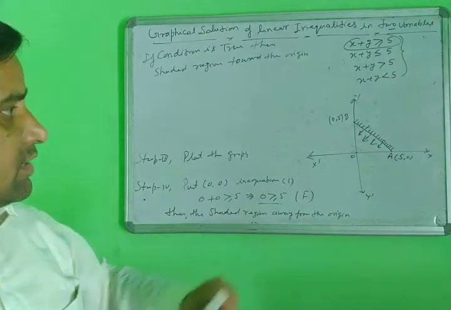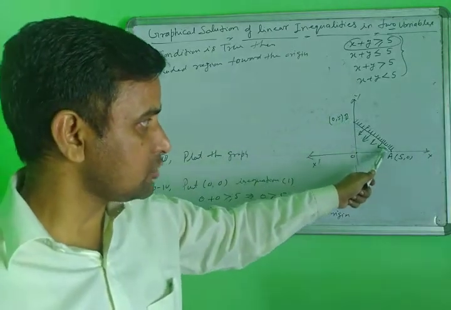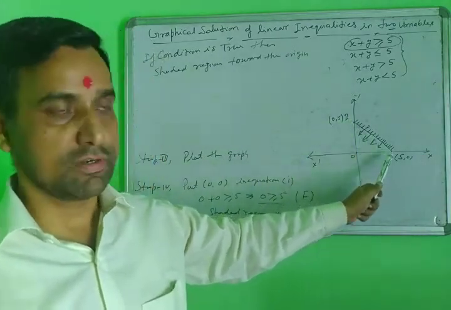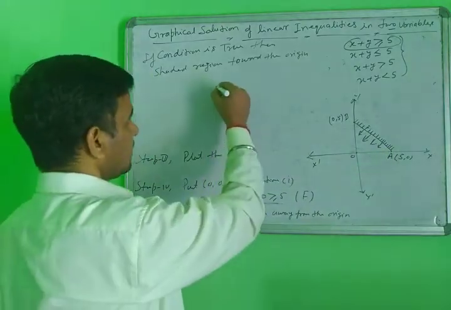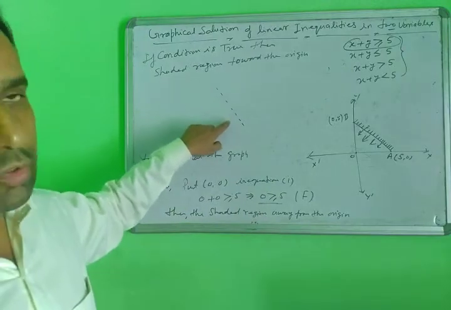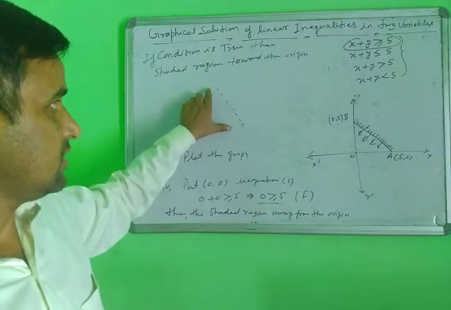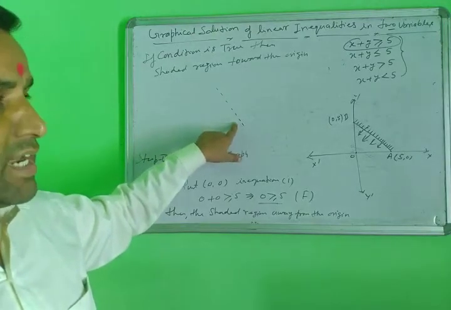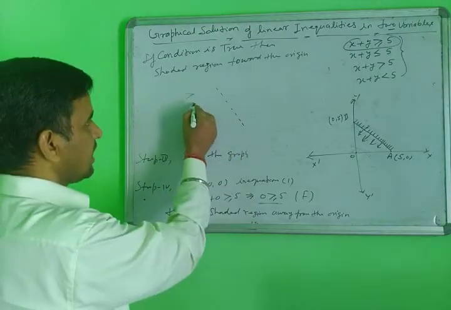Suppose you are using a dark line here. It means this line is also included in the solution. Suppose you are using a dotted line, then the line will not be included in the solution. For a dotted line, the conditions are only greater than and less than.